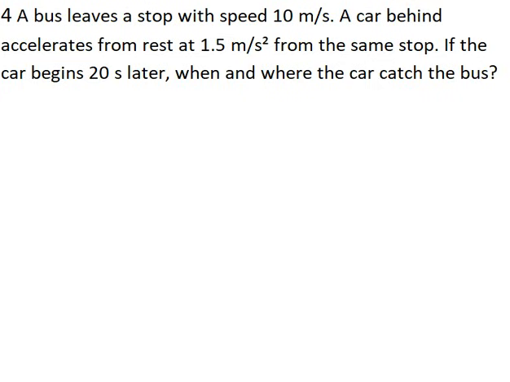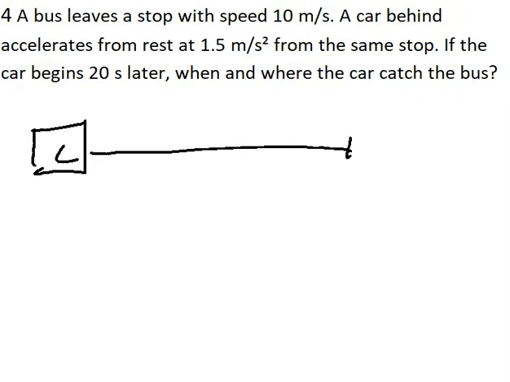Let's say this is a typical question as well. A bus leaves a stop with a speed of 10 meters per second. It means the bus is moving at a constant speed, and the car behind accelerates from rest. So the car is behind, and the bus is somewhere ahead.